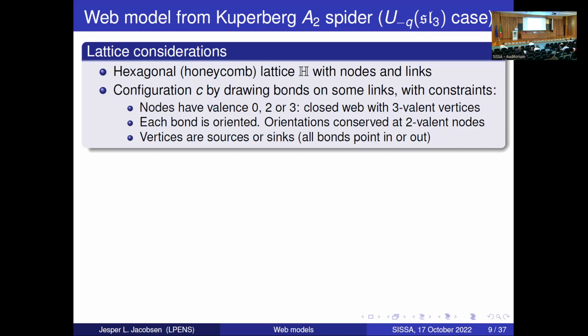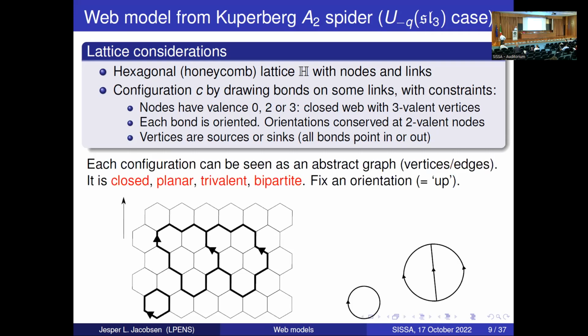So my lattice is a honeycomb lattice. I put red bonds again, but now nodes can either be empty or they can have valence 2 or 3, meaning that I can bifurcate. And in addition, each bond is oriented. And these orientations are conserved at 2-valent nodes.